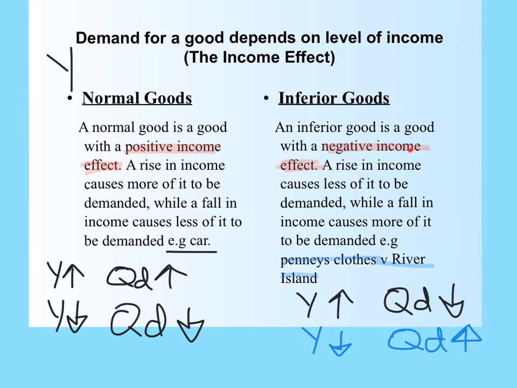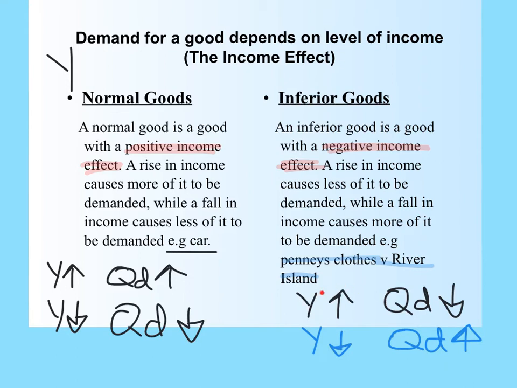Inferior goods then are goods that have a negative income effect. So an increase in your income actually causes you to use less of it. A good example here is Pennies, because in some cases we would see Pennies as an inferior clothes store. If we talk about Pennies versus River Island, we gave an example the other day of Pennies versus JD. So you've a pair of runners in JD that you really, really like.